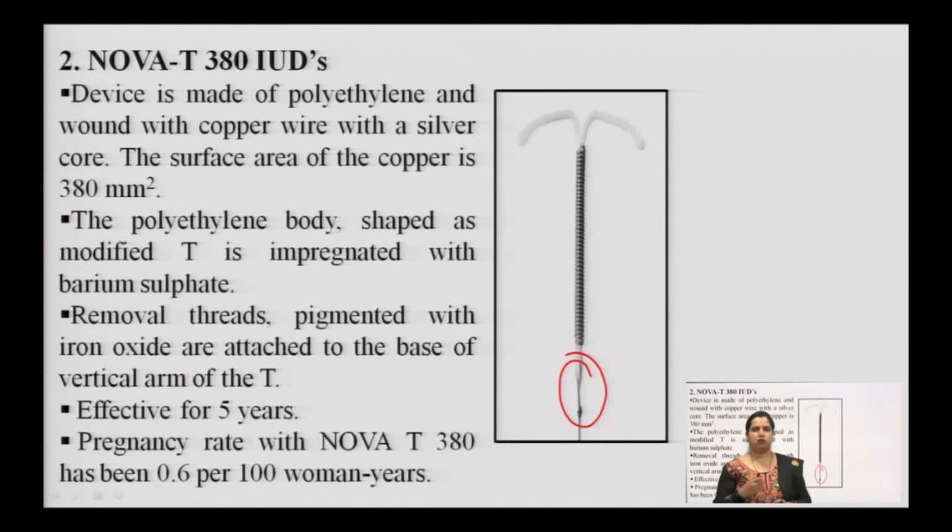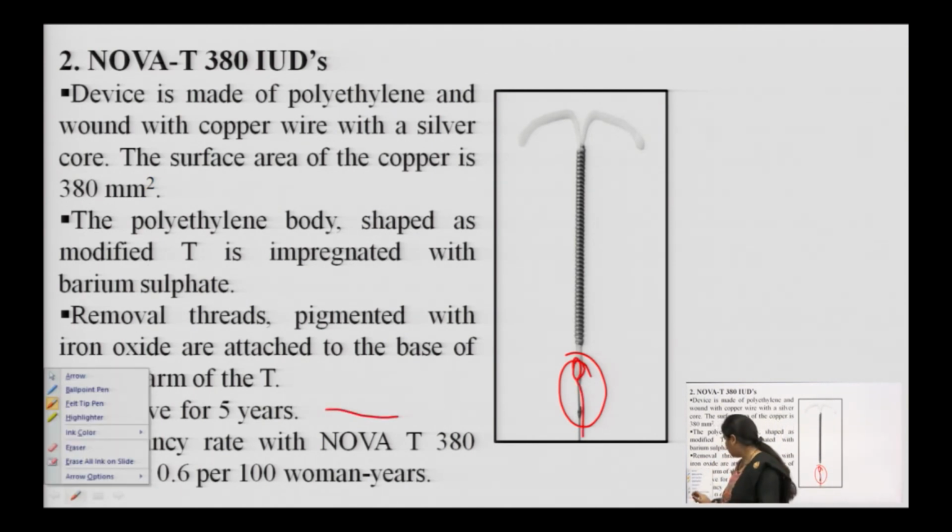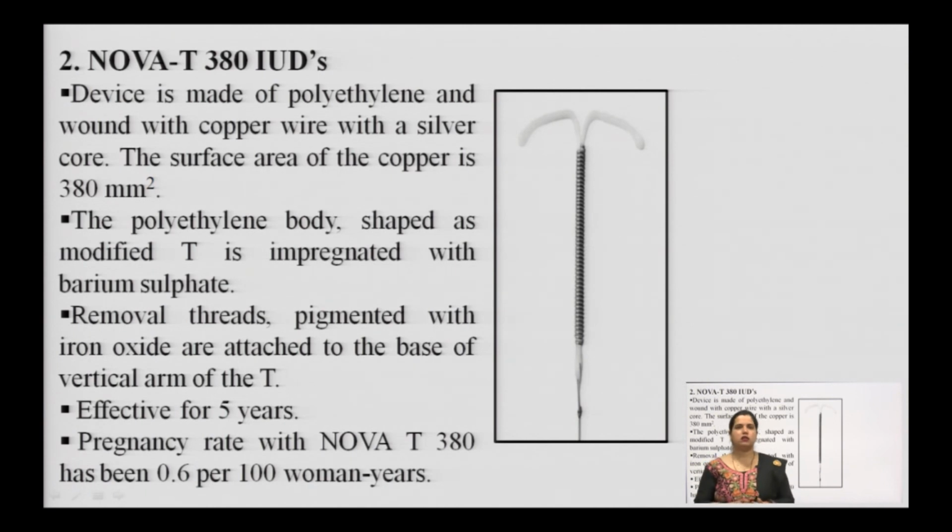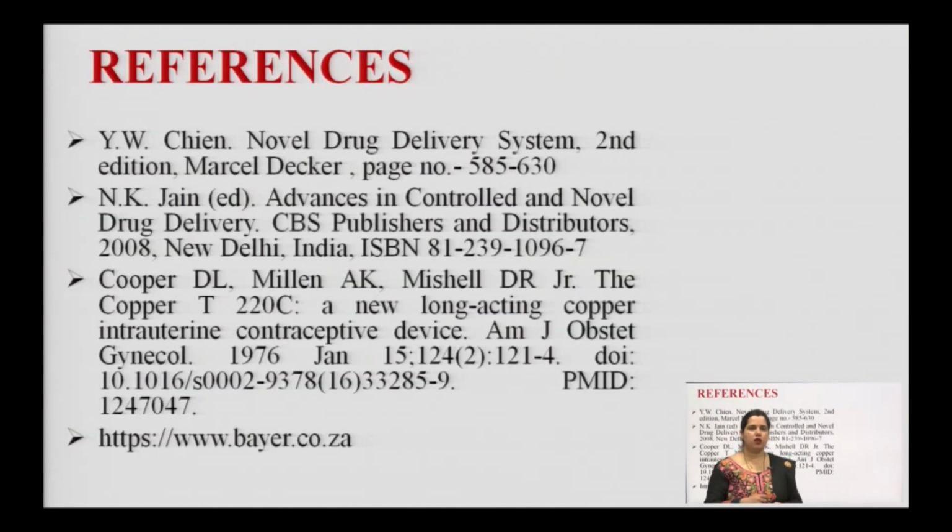Removable threads are also present here, as you see the thread is here. Though it is present in other devices too, here it is described. It is effective for 5 years and the pregnancy rate with Nova T380 is found to be 0.6 per 100 women in a year. So, the pregnancy rate is also very low in these types of devices.